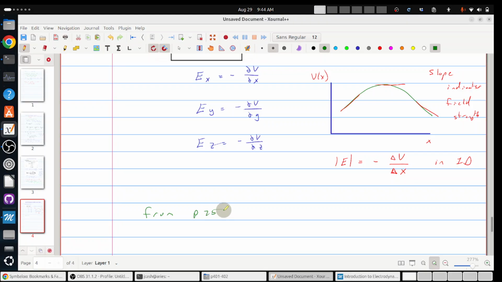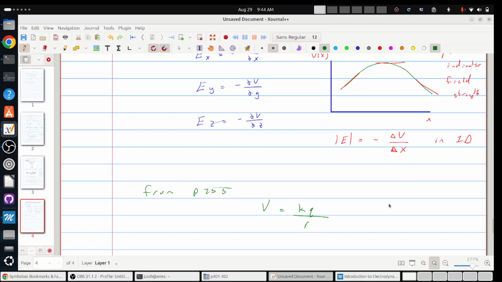from P401, that for a point charge, we could express the potential in terms of this simple equation.